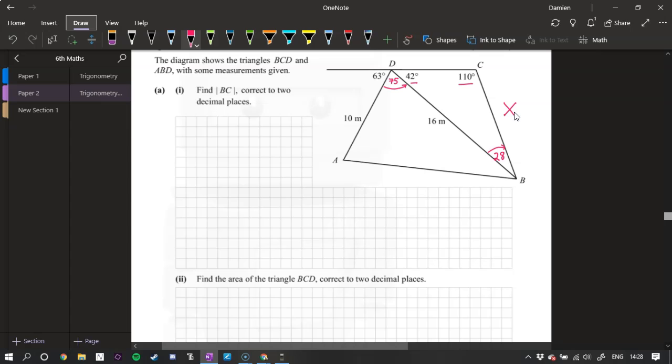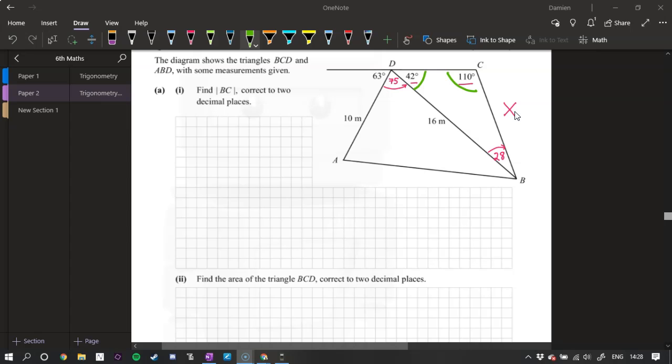So what have we got? Well, we can look at 28, and we can look at 42 and 110, and we need to find this side x. If we're finding a missing side, we might be using the sine rule. Let's see if we have everything that we need. For the sine rule, we need the side we're trying to find and the angle opposite it.